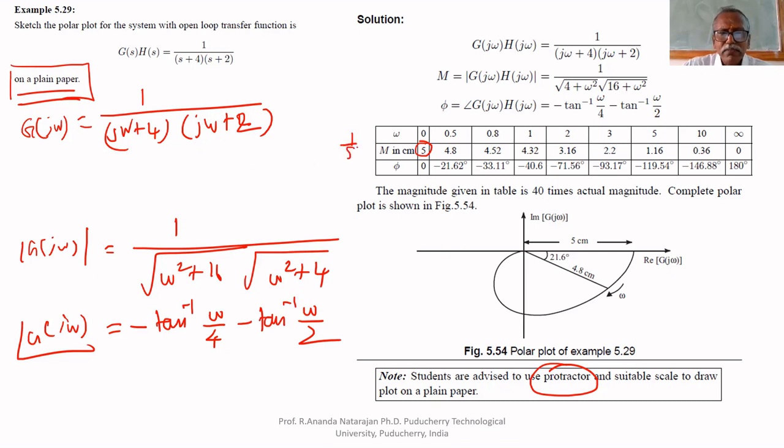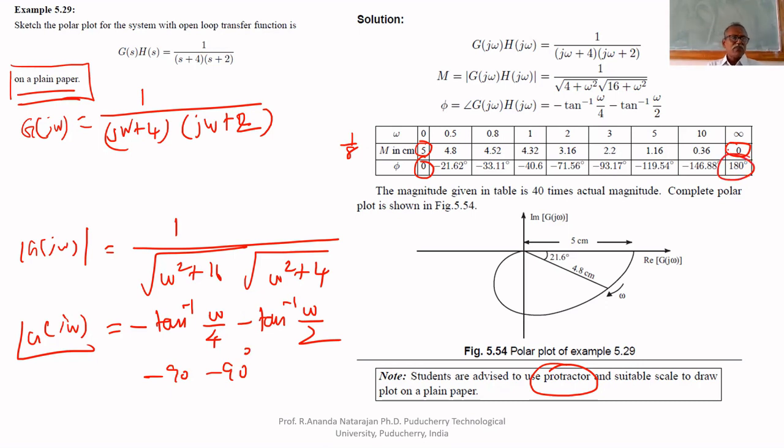Must be 1 by 8. Then when omega equal to 0, the angle is 0. Angle is correct. When omega equal to infinity, the magnitude becomes 0. What is the angle? Minus 90, minus 90. Therefore, the angle is minus 180.